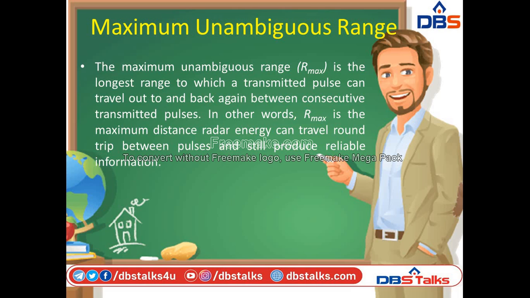The maximum unambiguous range is nothing but the maximum range, the longest range at which a transmitted pulse can travel out and back again between two consecutive transmitted pulses. In other words, Rmax is the maximum distance radar energy can travel, a round trip between pulses, and still produce reliable information.